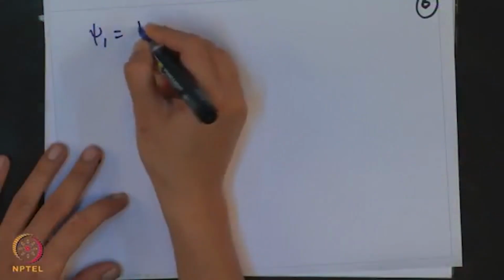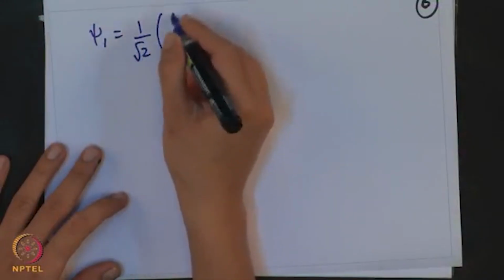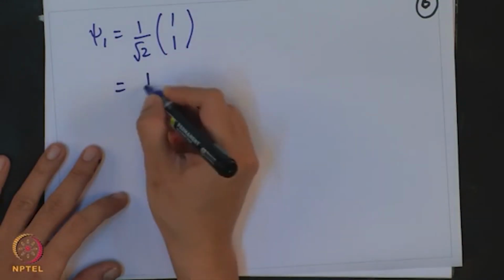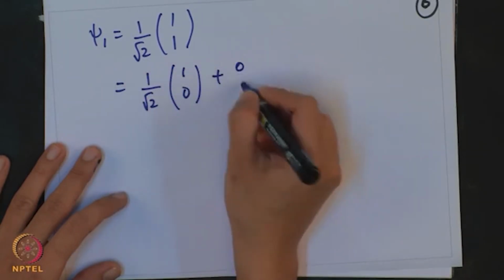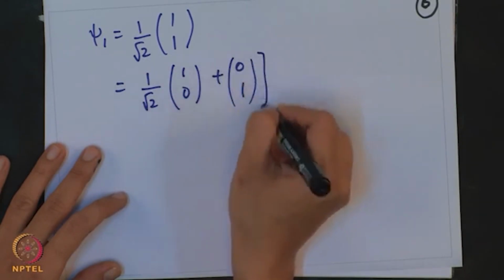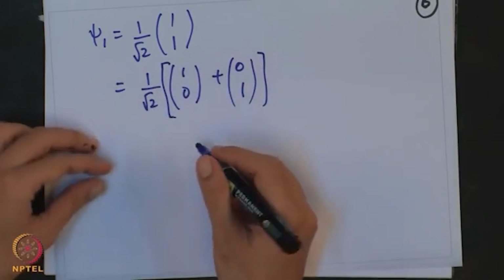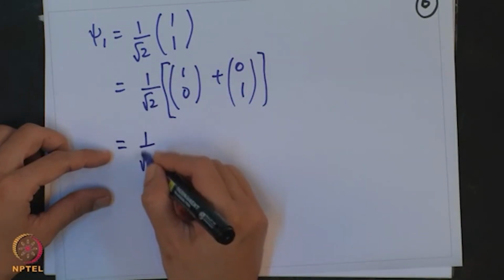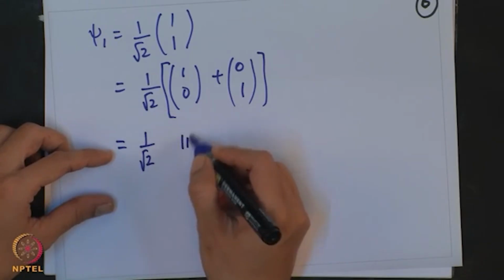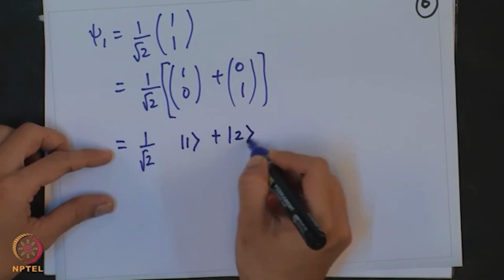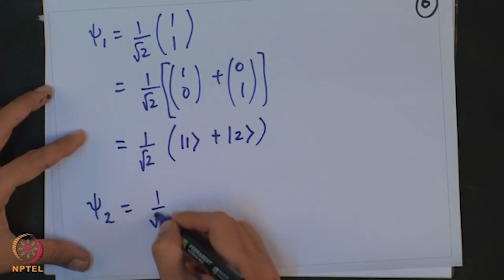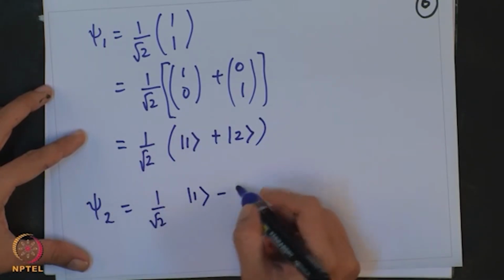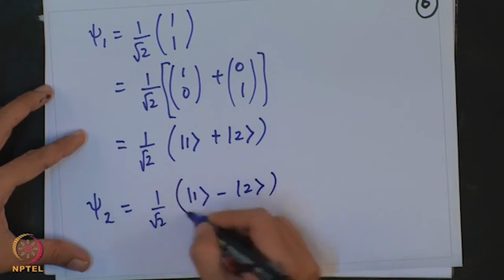Psi 1 we have got, this I can rewrite as 1 0 plus 0 1, correct. So, now this is state 1 plus state 2. Same way, psi 2 you will get something like this.